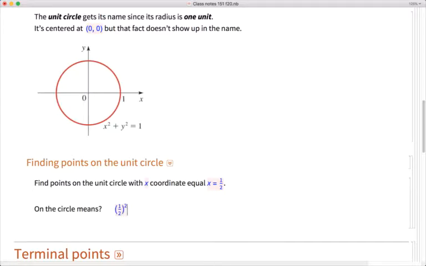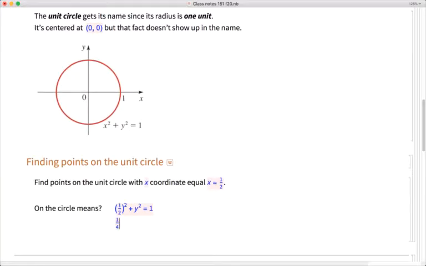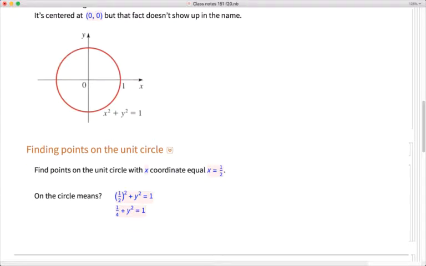So we know the x coordinate. We're being given that as a half, and what we're going to do is solve this equation for the y coordinates. I guess we could square out the half, and then we'll subtract the 1/4 over.